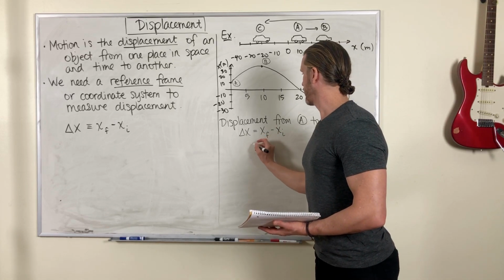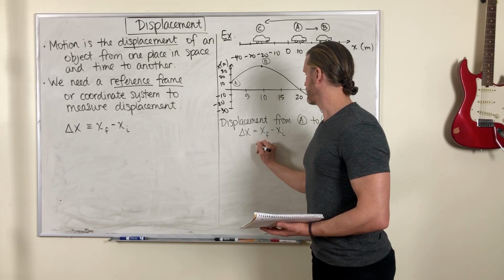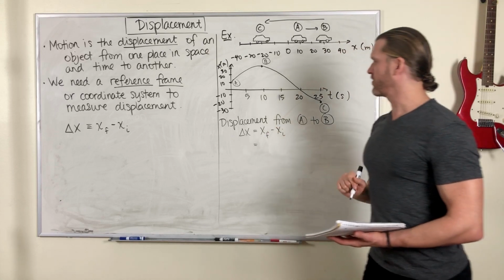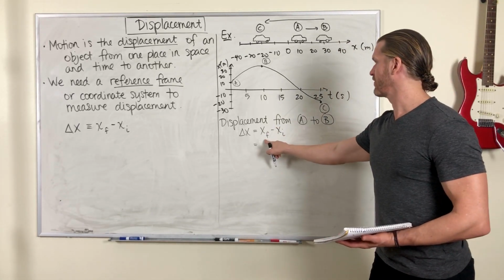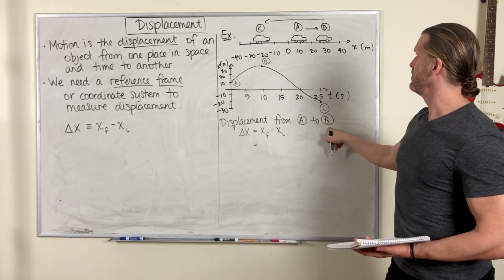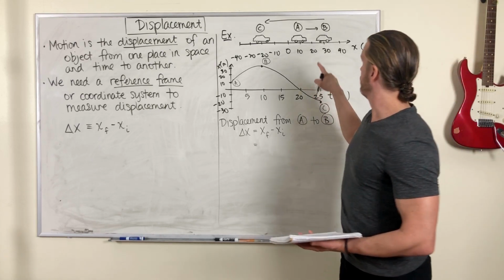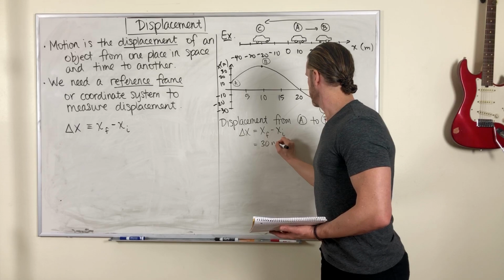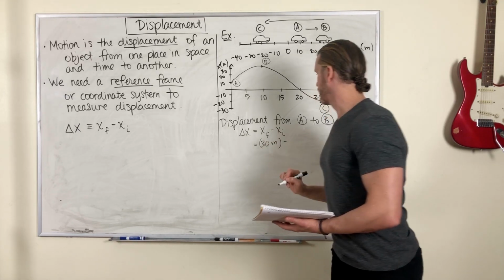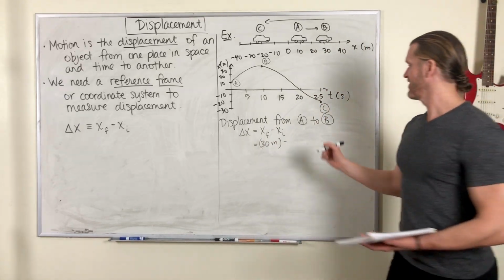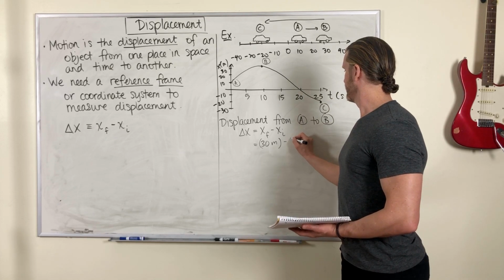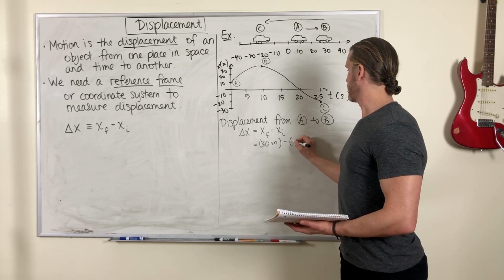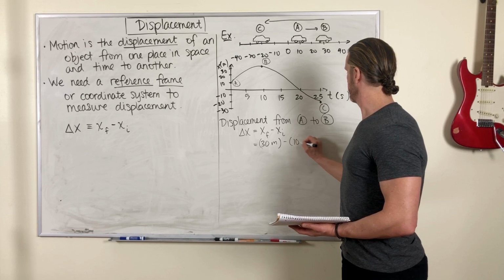So for the displacement from point A to point B, use your common sense, realize that final is referring to location B, where the position was 30 meters, and initial was referring to position A, that had a position of 10 meters.